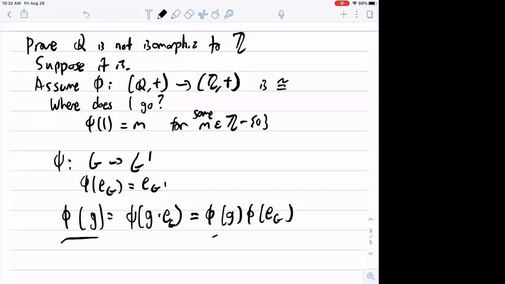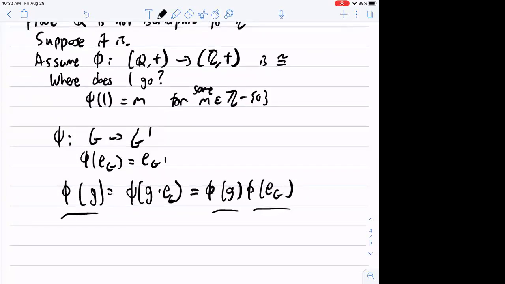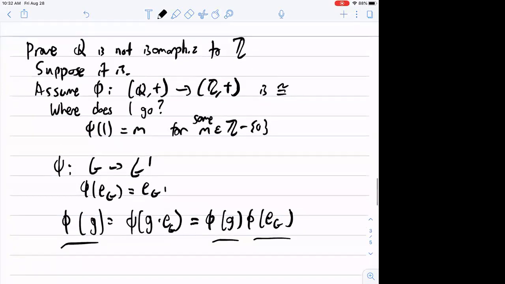So if phi of g is phi of g times phi of e_G, phi of e_G better be e_G prime. So in this case, if it's an isomorphism, 0 goes to 0.